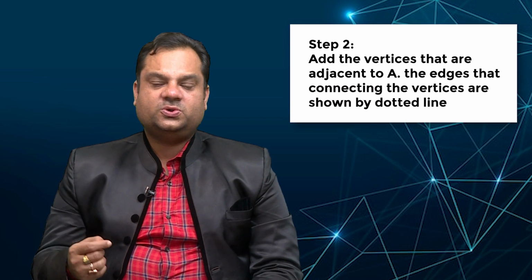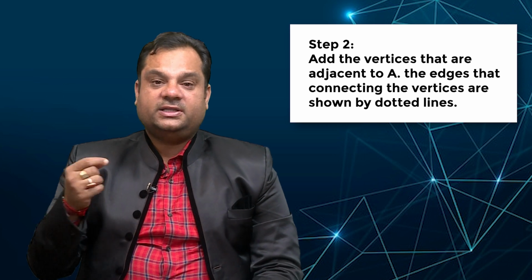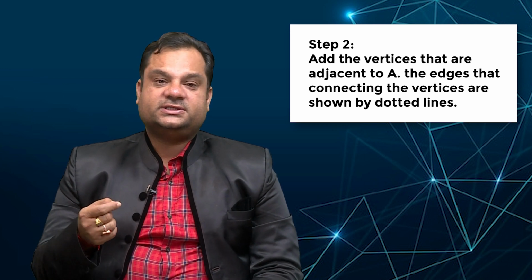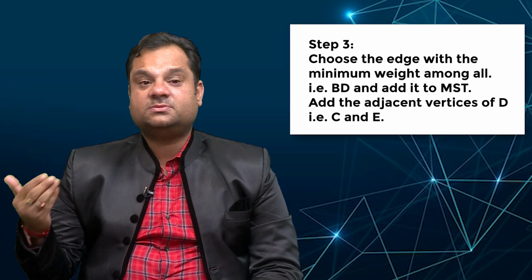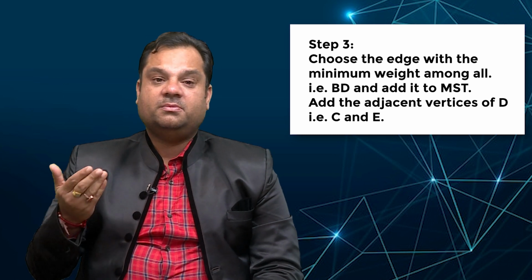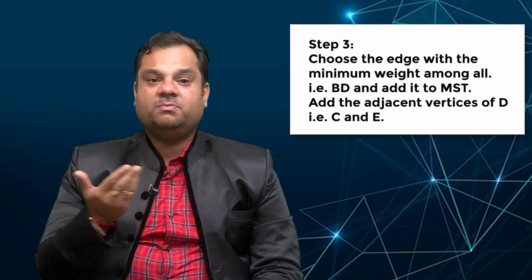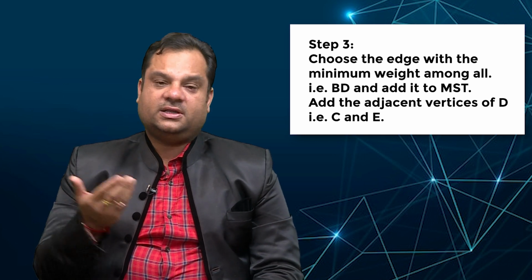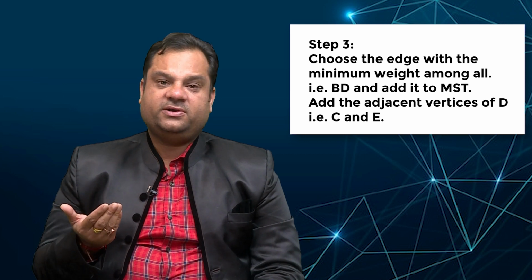Now step 2, look at the vertices that are adjacent to B. The edges connecting the vertices are shown as dotted lines. Step 3, choose the edge with the minimum weight among all the edges starting from B, that is BD, and add it to the minimum spanning tree.